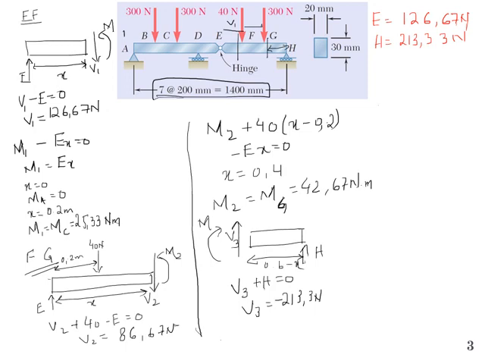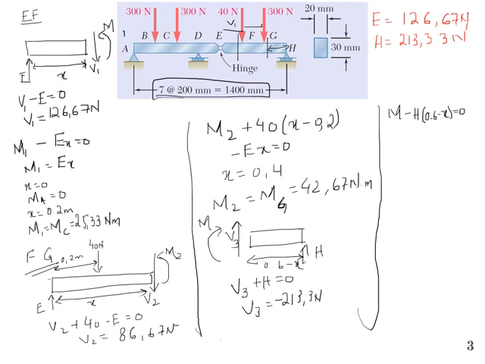Now if I want to write the expression for moment, let me write M minus H into 0.6 minus x is equal to 0.